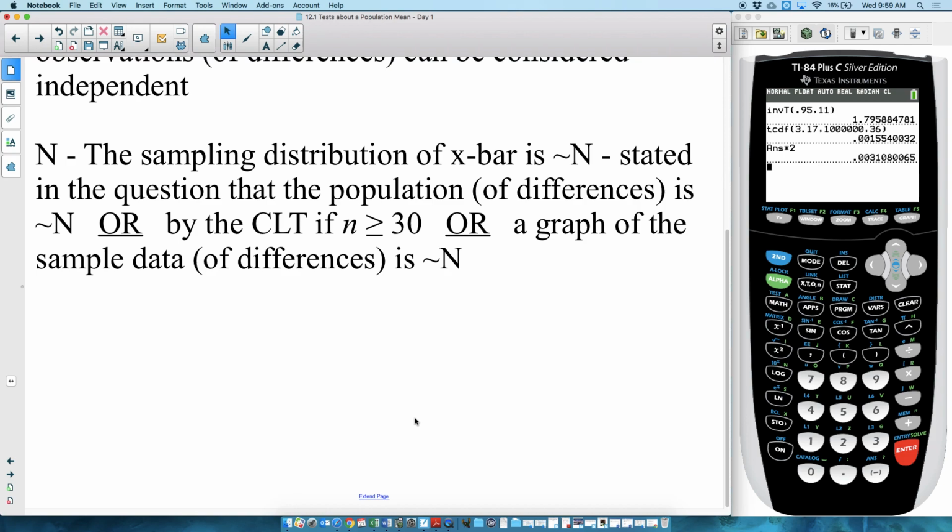Or we could call into play the central limit theorem if n is greater than or equal to 30, because this is means. With proportions, we had to check our n times p naught and our n times 1 minus p naught. But when it's means, we can call into play the central limit theorem. Or a graph of the sample data or a graph of the differences is approximately normal. And maybe I should say, so therefore, the sampling distribution is approximately normal.